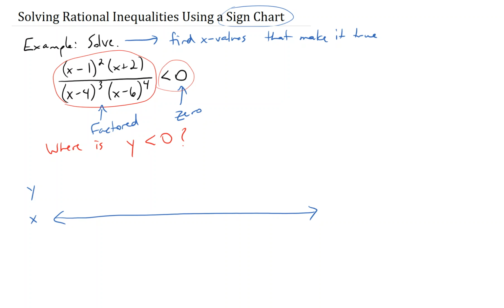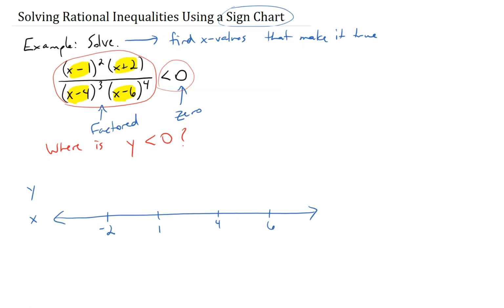We're going to cut our x-axis, our number line, at the zeros, which are positive 1, negative 2, positive 4, and 6. Okay, so the first one that we're going to write on the number line is negative 2, then positive 1, positive 4, and 6.